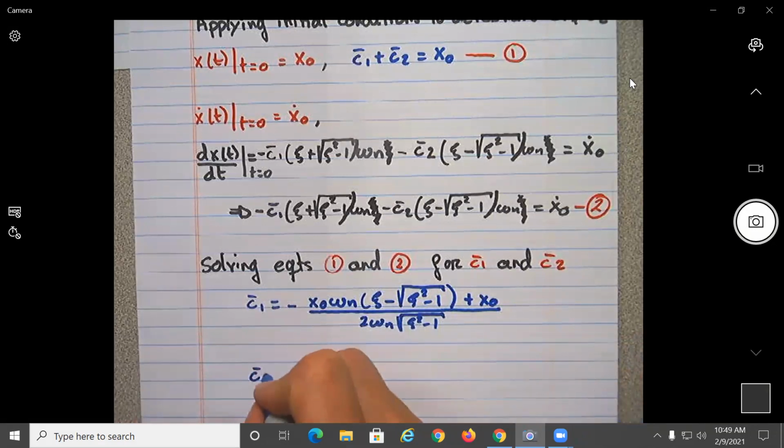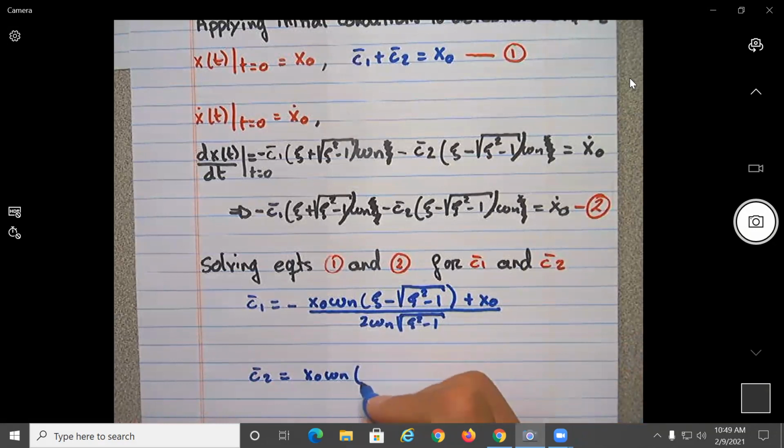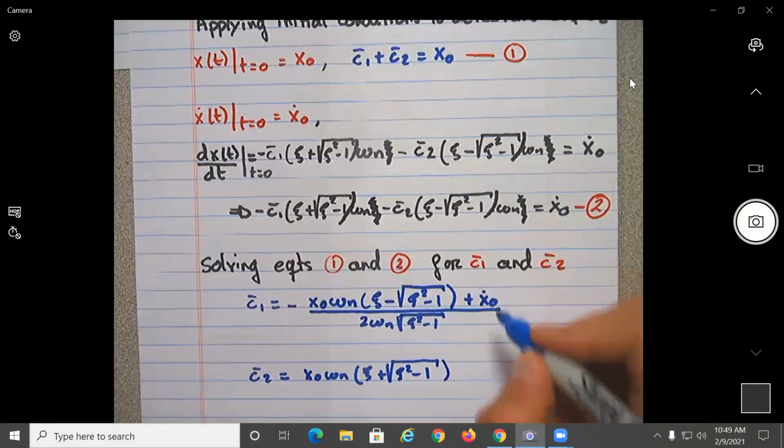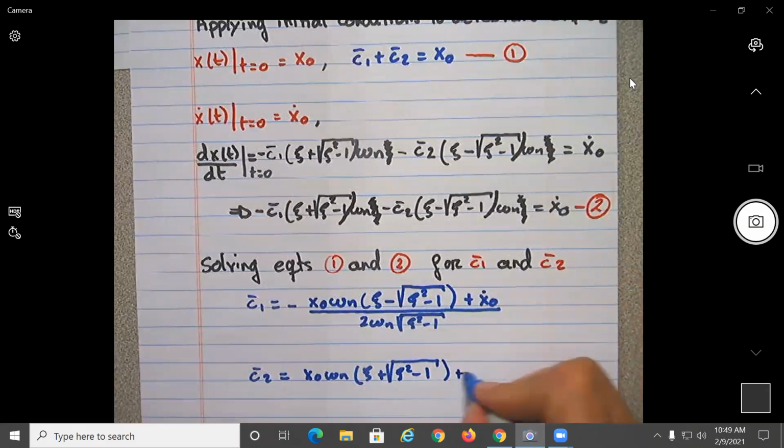And C bar 2 is positive x naught omega n times zeta plus the square root of zeta squared minus 1, plus x dot naught, divided by 2 omega n times the square root of zeta squared minus 1. Be careful, here it's x dot naught.